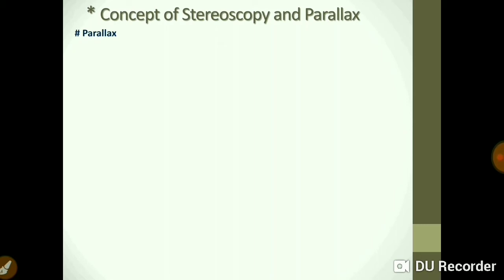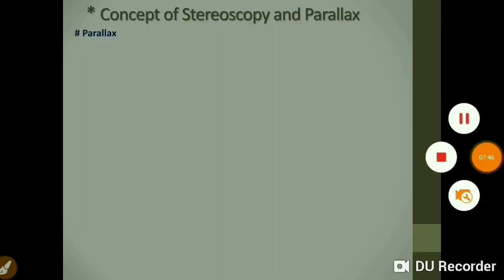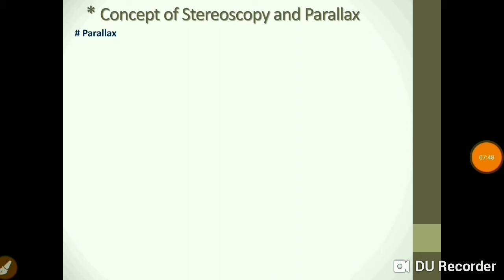So to know the use of the stereoscope to find out the elevation difference, let us see the next concept, that is parallax. Okay, to understand this concept of parallax, let us do one small experiment. Hold a pen in a vertical position in front of you in your right hand.